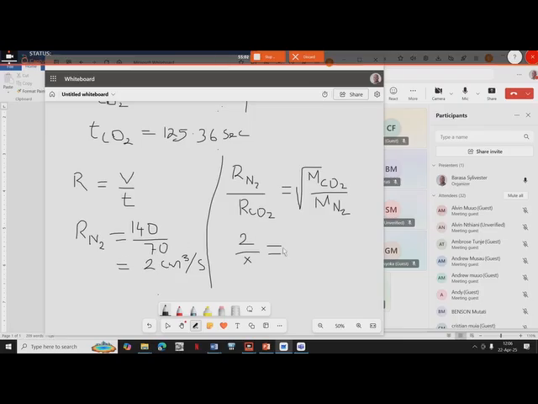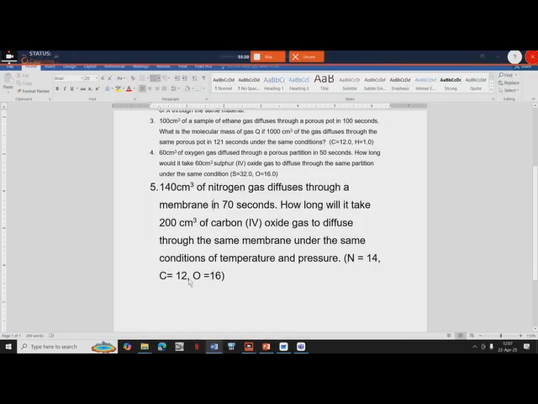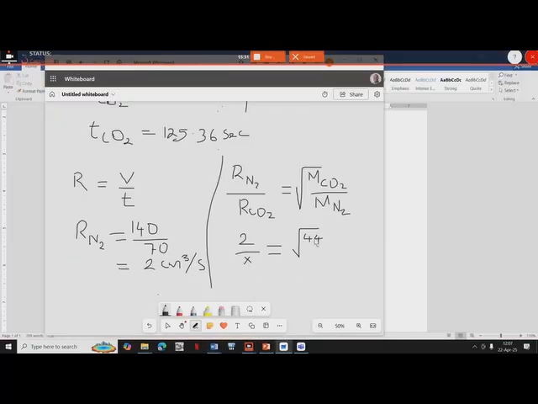So niko na rate ya nitrogen gas nimecalculate. So nitaandika hapa 2 over x, where x is the rate of diffusion of carbon dioxide, is equal to the square root of the mass of CO2 tumecalculate ni 44. So unachukua mass ya carbon umepewa kwa swali. Nachukua mass ya carbon ni 12 plus mass ya oxygen 2 ni 32. 16 plus 16 itakuwa 32.